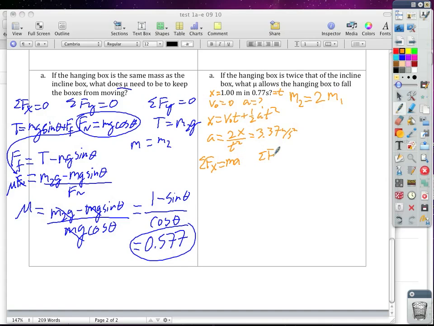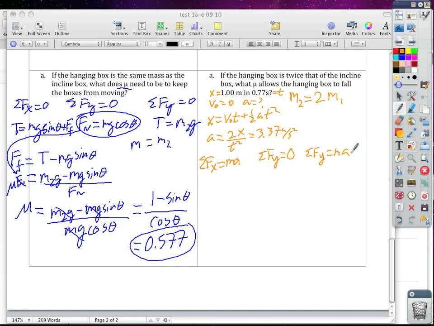Sum of the forces in the Y, is that MA? When is the sum of the forces in the Y MA? Yeah, like it'd have to be flying up. It has to be moving up. So almost never. And then the sum of the forces in the Y is MA for the second one, right? Because that block is moving down.